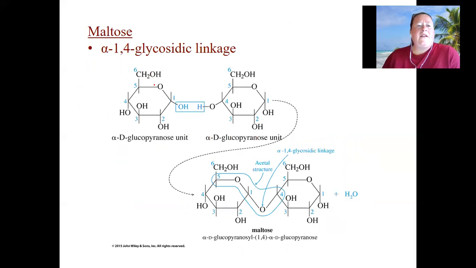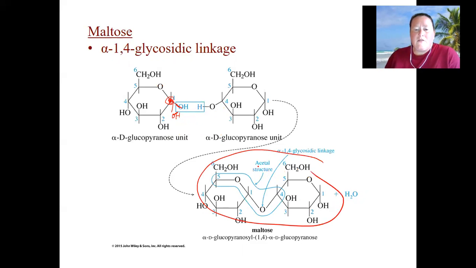The type of linkage with maltose is an alpha 1,4 glycosidic linkage, and this is the number 1 carbon. This is the OH group on this monosaccharide, which is an alpha variation. And when they come together, they form this. And here you see that name again, acetal structure.